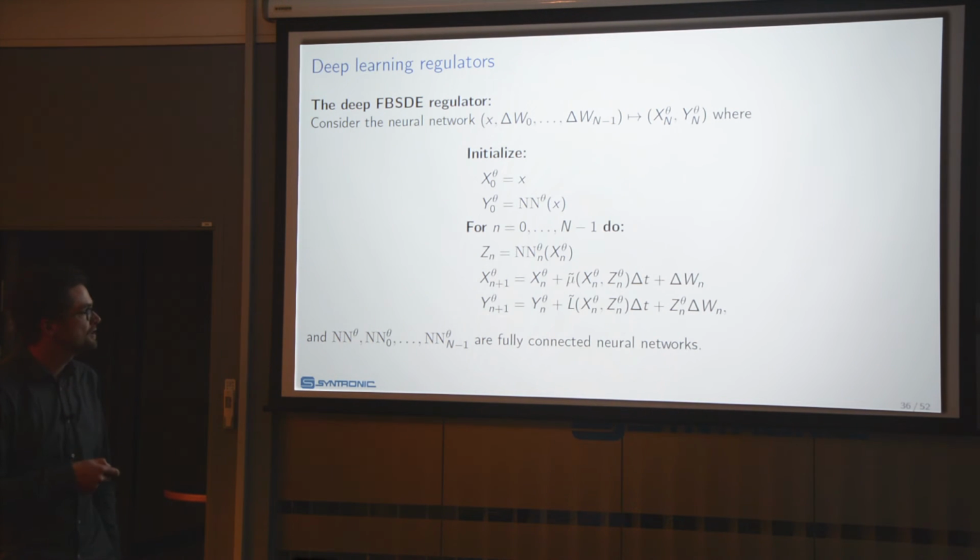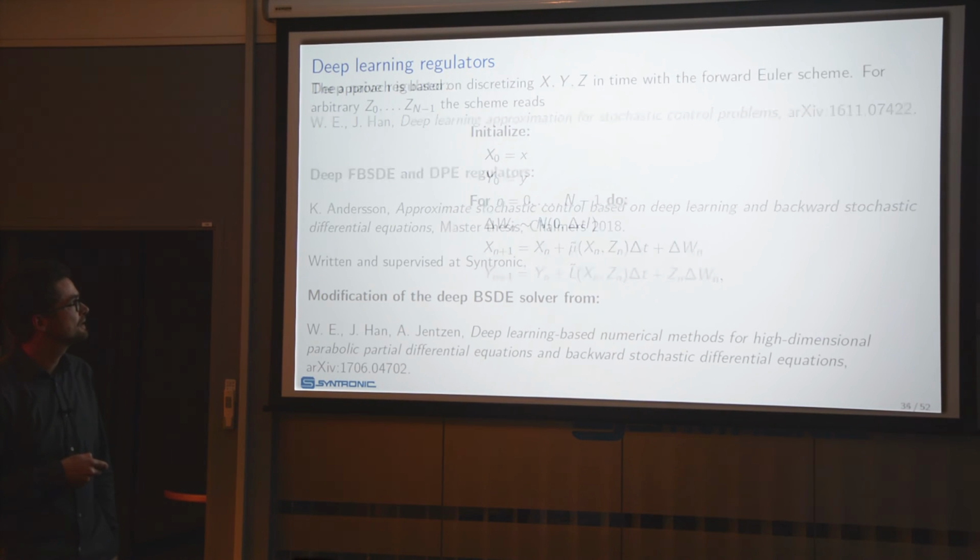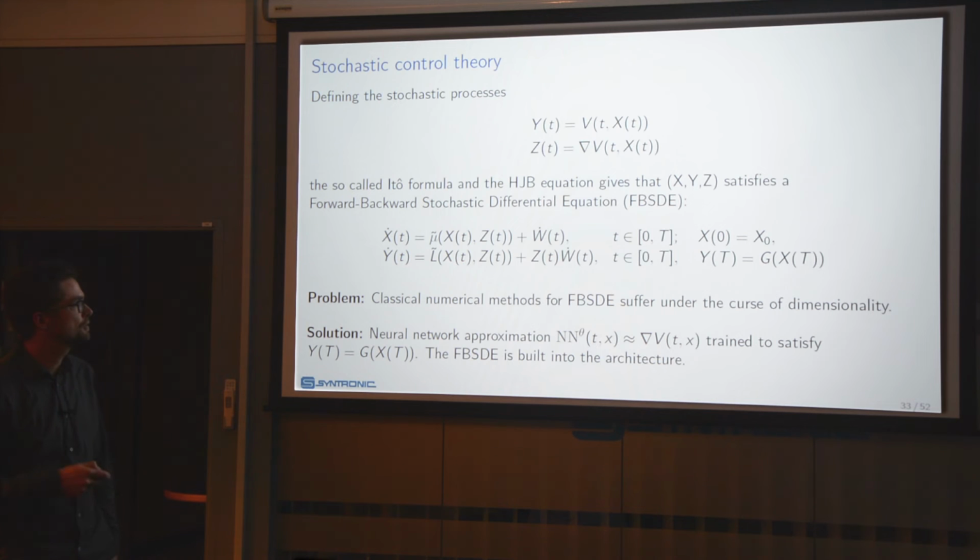The computational graph for the network is built in the following way. x0 is just the initial value, y0 is a neural network of x, and then for every time step, z is a neural network of x, and this is just the Euler time stepping. The neural networks are fully connected, very small networks. X, Y, and Z are the solution to this forward-backward stochastic differential equation.